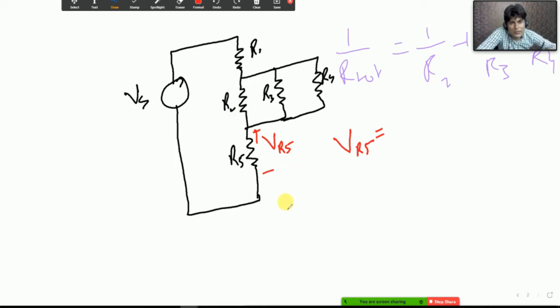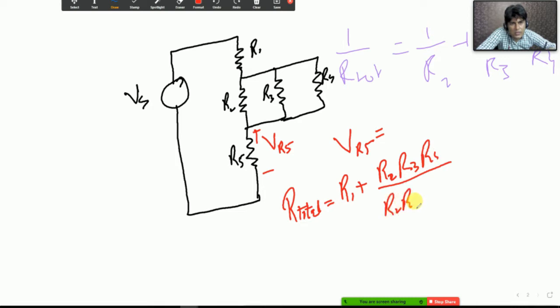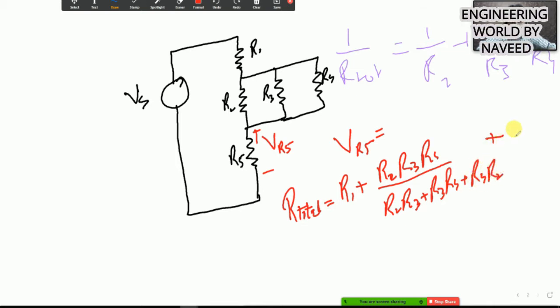If you want to find the R total, then R total will be equal to R1 plus the product of these three resistors R2, R3, R4 divided by R2R3 plus R3R4 plus R4R2, plus R5. So this will be your total resistance. Okay, got it?